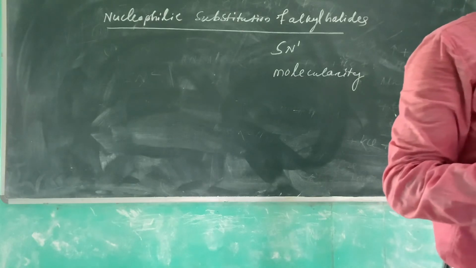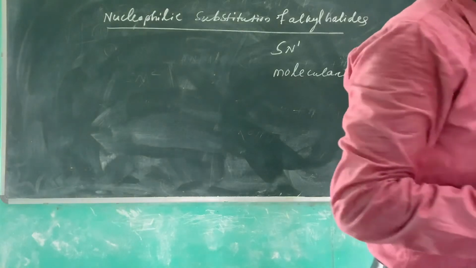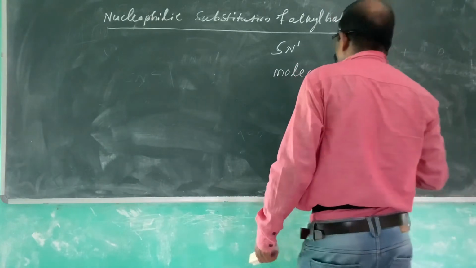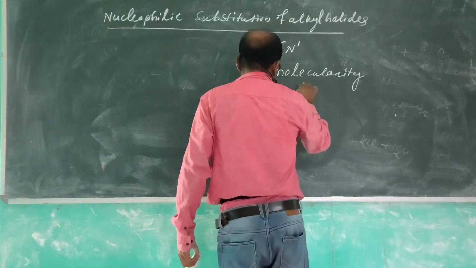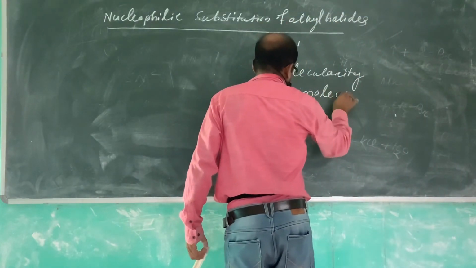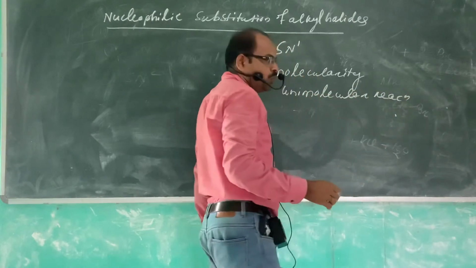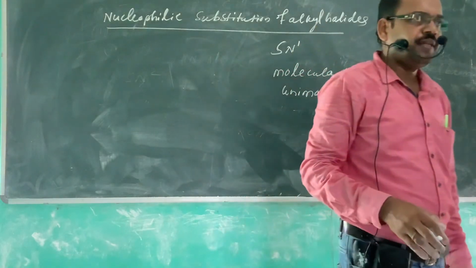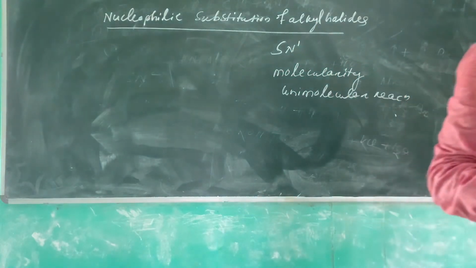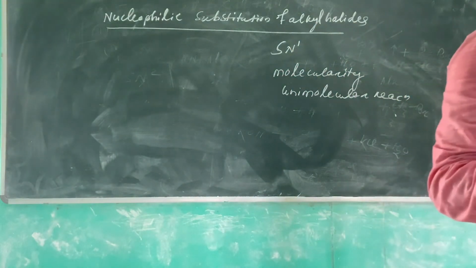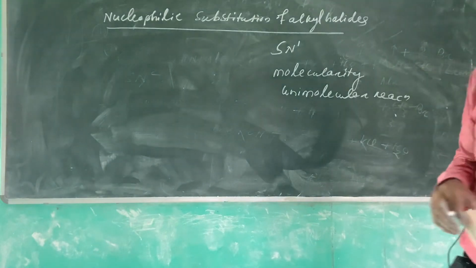If only one particle participates in the reaction, then it is called a unimolecular reaction. If two particles participate in a collision, then we get a bimolecular reaction.